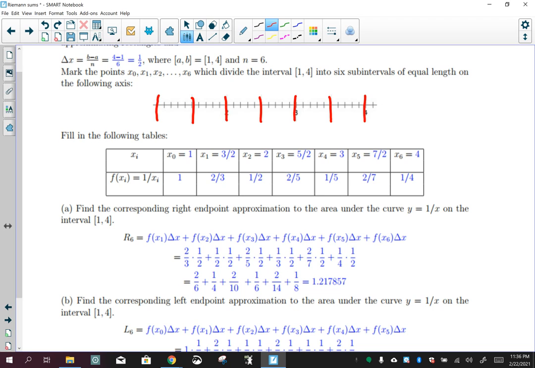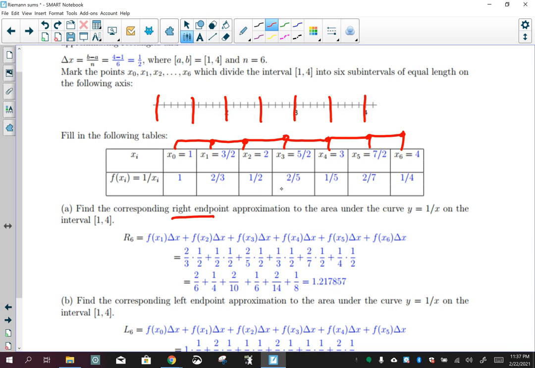Then we're going to find the right endpoint. With the right endpoint, I'm starting over here, and we're again going to walk all the way through this with the right endpoint here, here, here, here, and here. As you're going through this, here's your delta x that keeps popping up right there.